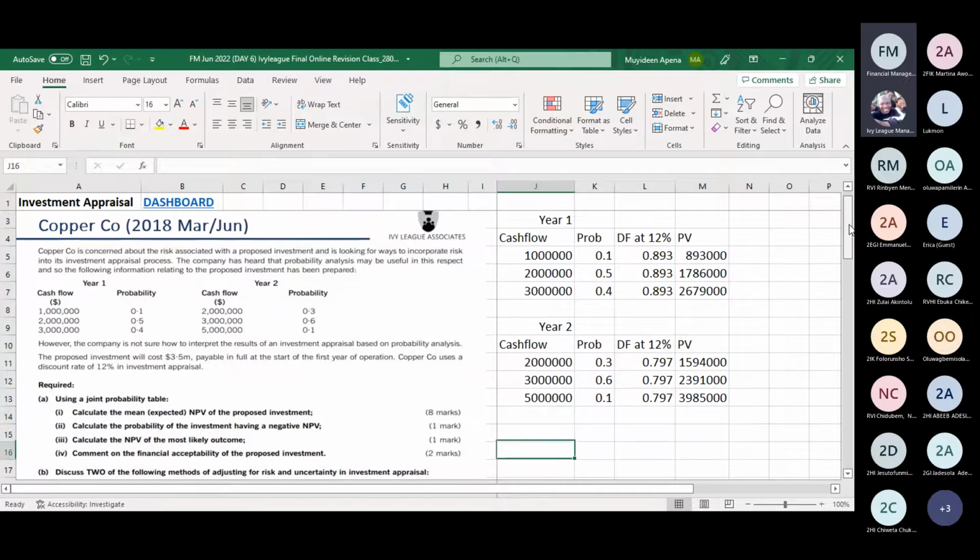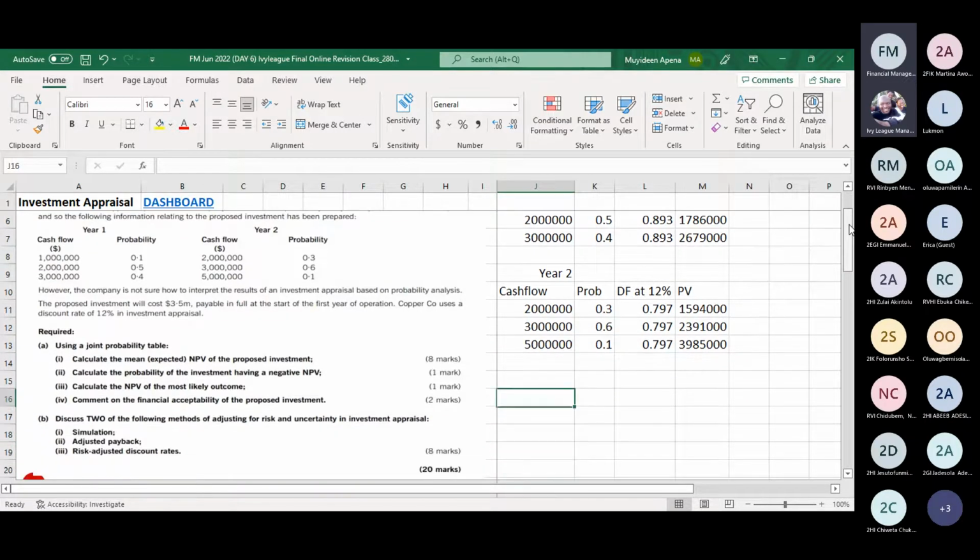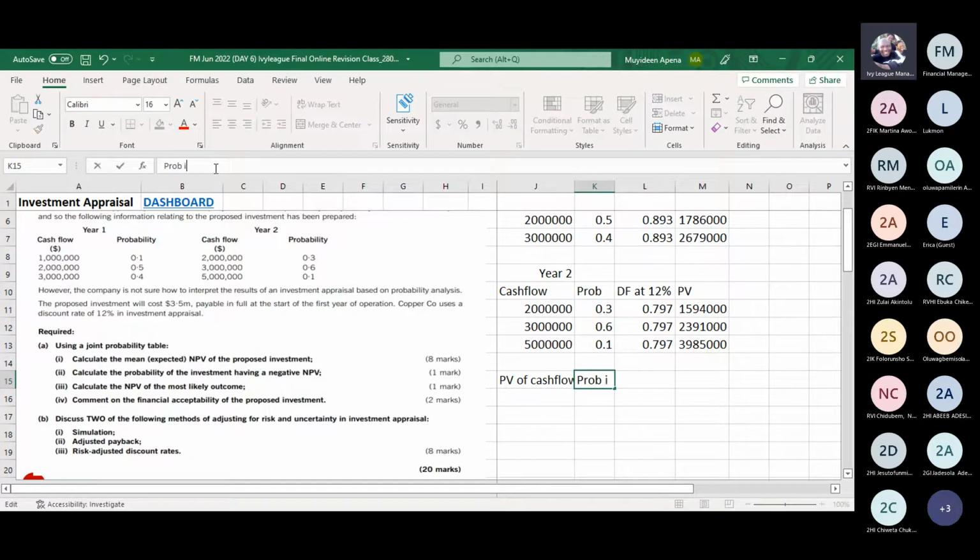So this is how to use a joint probability table. We'll create the present value of cash flows in year 1 and also create their probabilities in year 1. So we'll do the same for year 2.